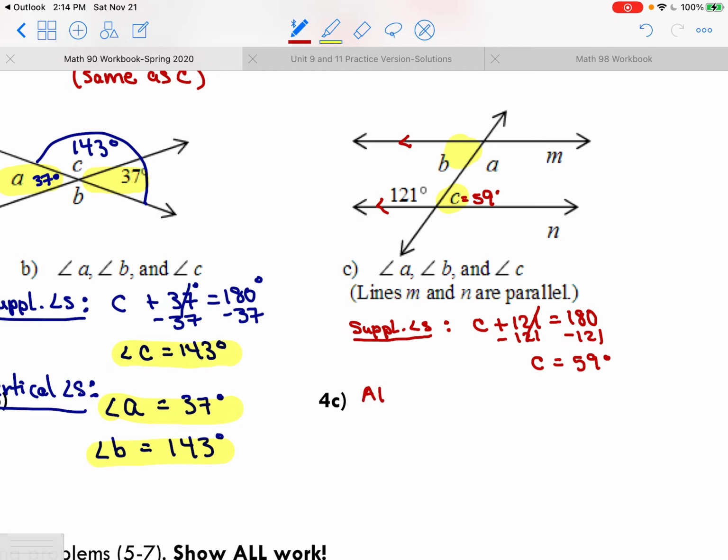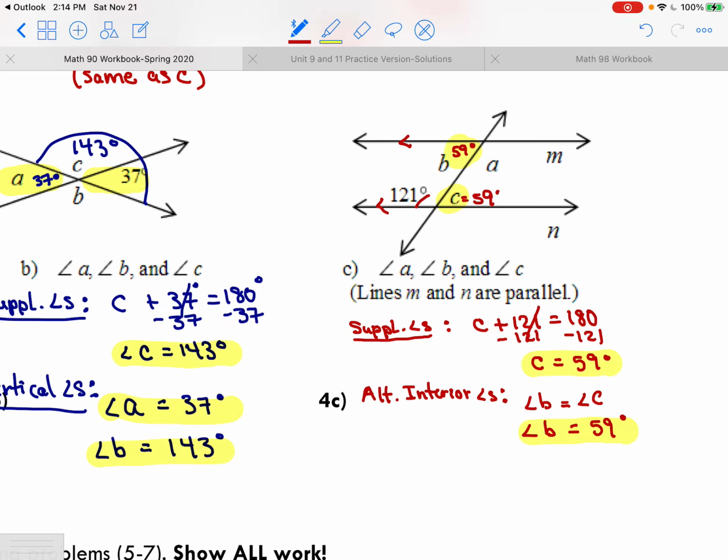So because of alternate interior angles, we know that angle B is equal to angle C. Therefore, angle B is 59 degrees. Okay, so here's our second answer. B here is 59, right?